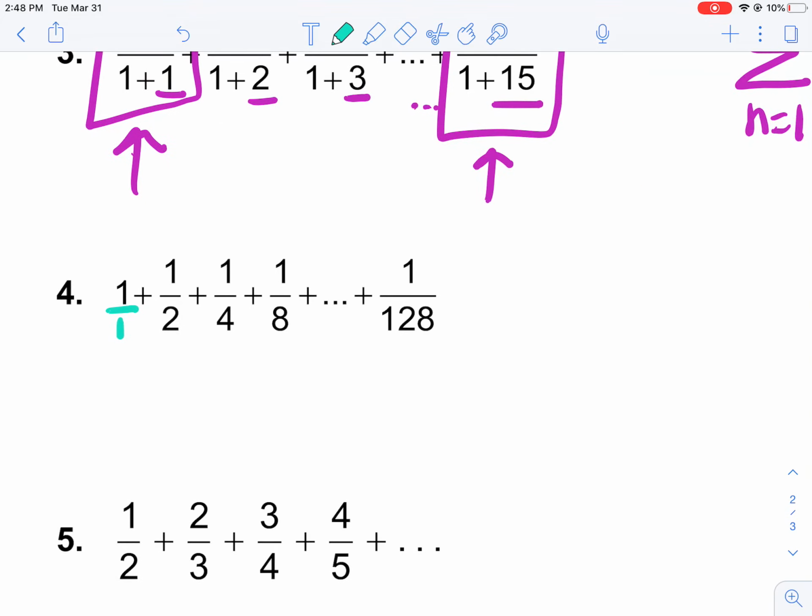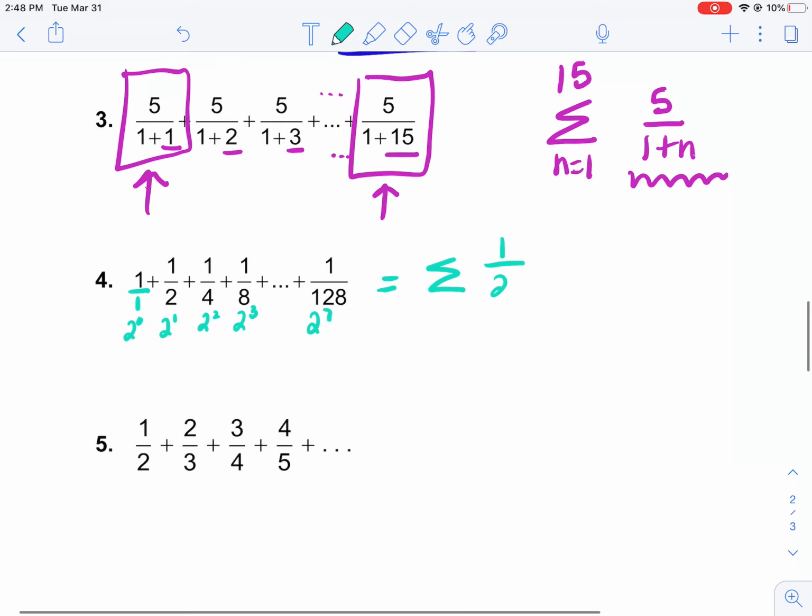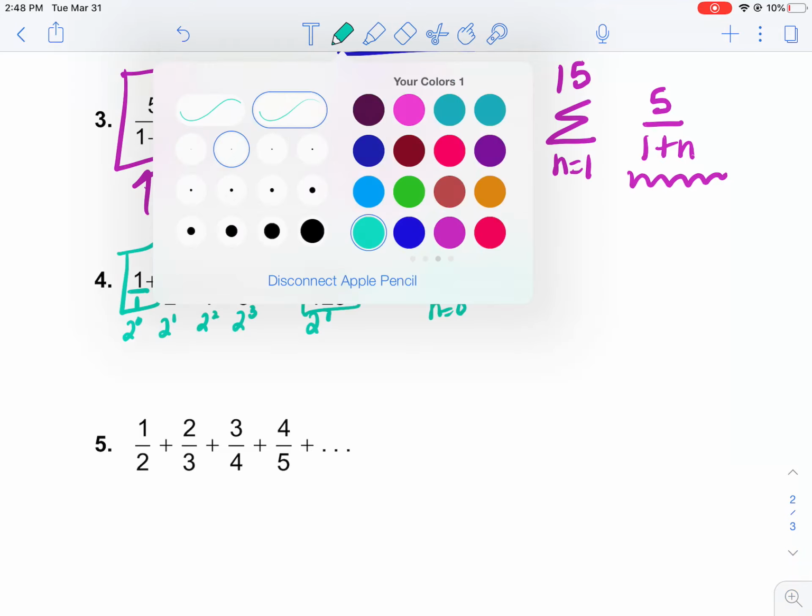So one way to write this in sigma notation is I'm taking the sum of 1 over 2 to the n power, and in order to get this first term right here, I would have to let n equal 0. And in order to get this last term right here, n would have to equal 7. So there's one way to write this.